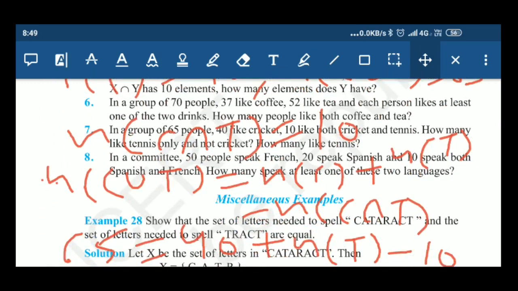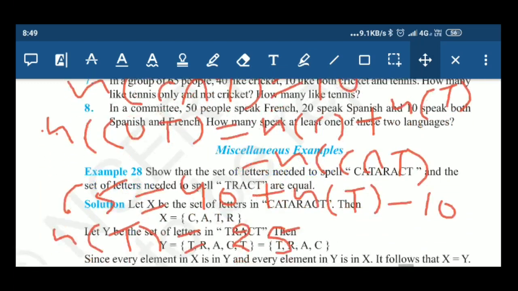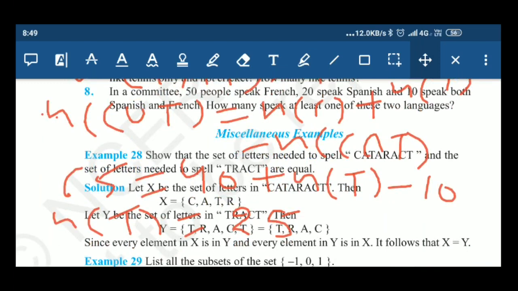And here we will use this formula: n(C union T), C or T, is equal to n(C) plus n(T) minus the intersection of C and T. Just put here the value of the union, those who like cricket, and the intersection of both. So you will get the number of people who like tennis, which is 25.